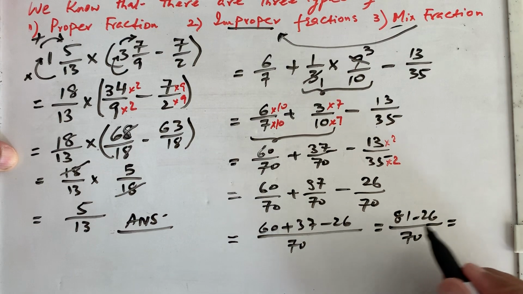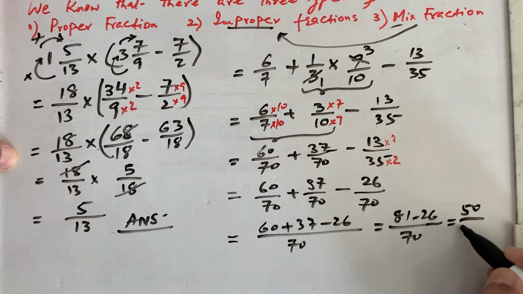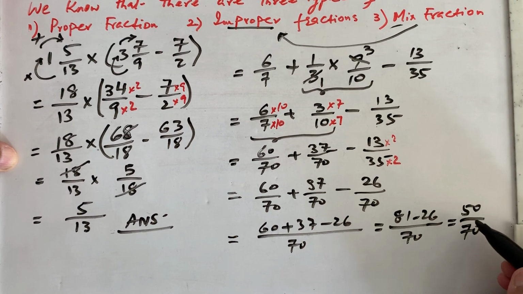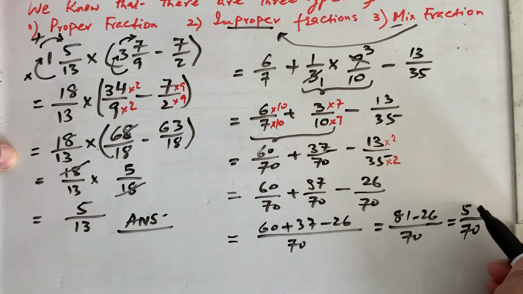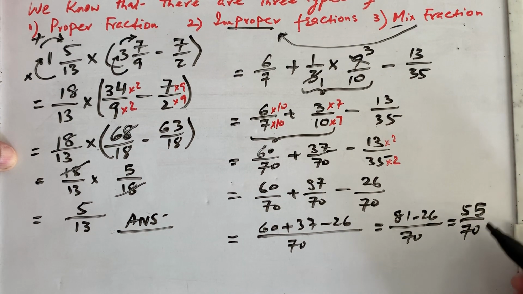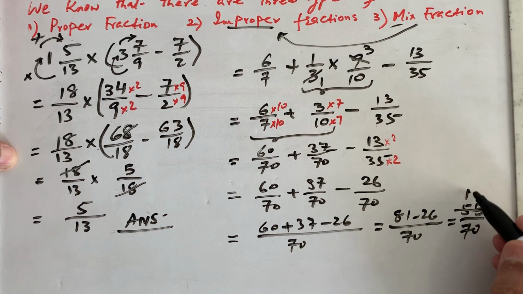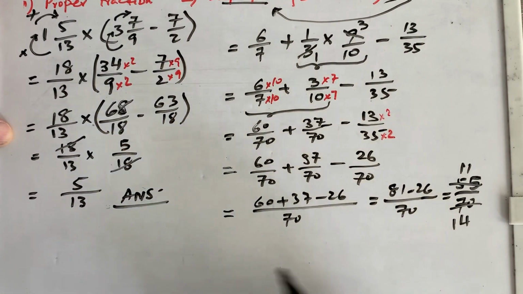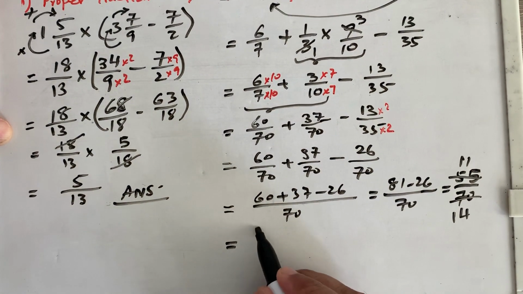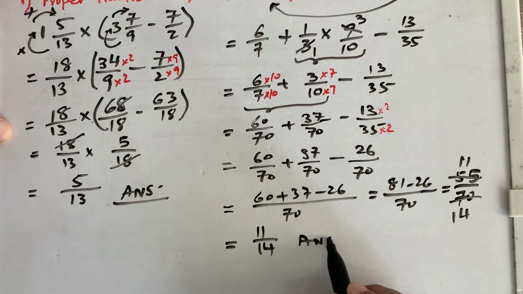And then if you subtract this, you will get 55 over 70, and still we can cut with a common factor. So we can say 5 ones are 5 and 5 fourteens. So my answer, the simplified form of the fraction, is 11 over 14, right?